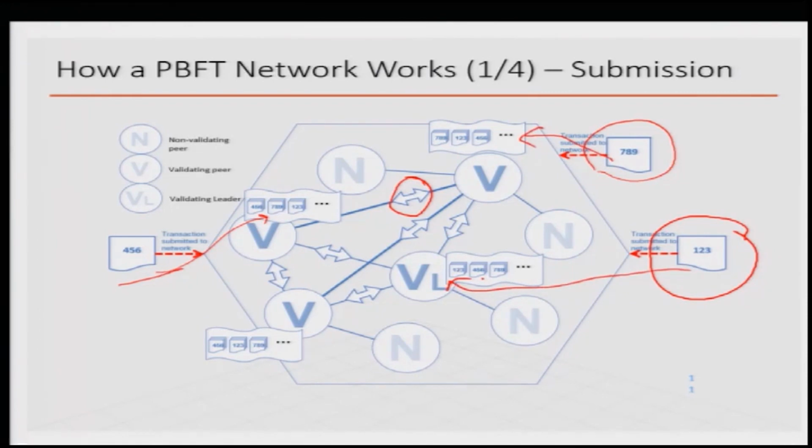Here are the ordering messages that the ordering nodes, or consensus nodes, will exchange with each other in order to achieve a consensus, and at the end they will achieve a consensus, and then that information will be sent to everybody else. Look here that there are nodes which are not part of the consensus; they are just there to keep the replica of the blockchain in order to have enough redundancy in the system.